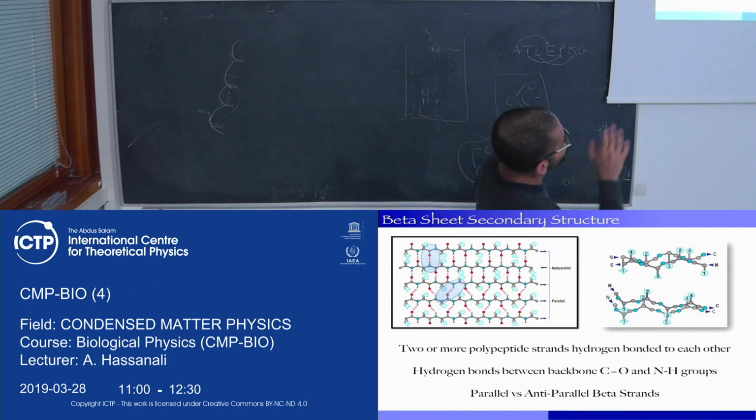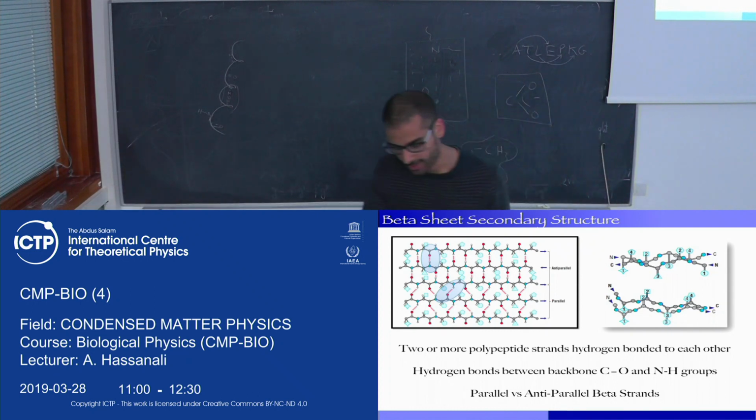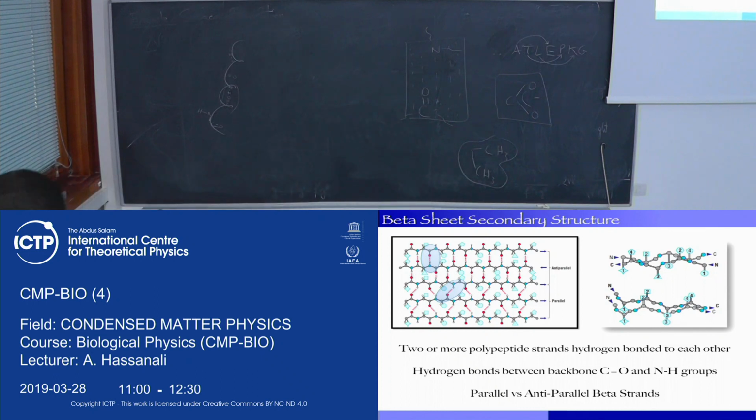Okay, so alpha helix, check. Now, the other secondary structure that is relevant in biological systems is the beta sheet. They're typically drawn like this, and this is how they look.